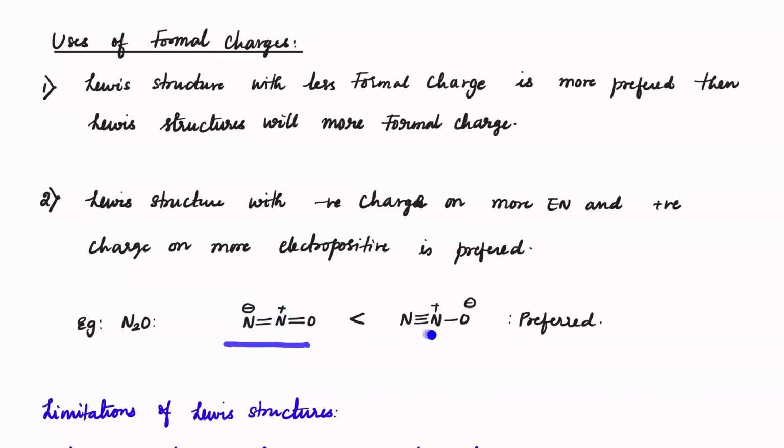There are two possible structures, and both are satisfactory Lewis structures. But the one with negative formal charge on the more electronegative atom and positive on the less electronegative atom is always preferable. So between these two, this one is the more preferable Lewis structure.